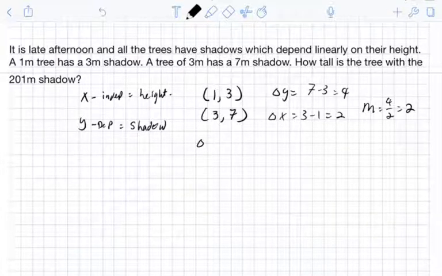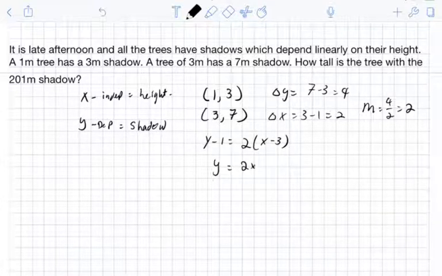And so in point slope form, this expression becomes y minus 1 is equal to 2(x minus 3). 2x minus 5. Weird. No, that's not right.